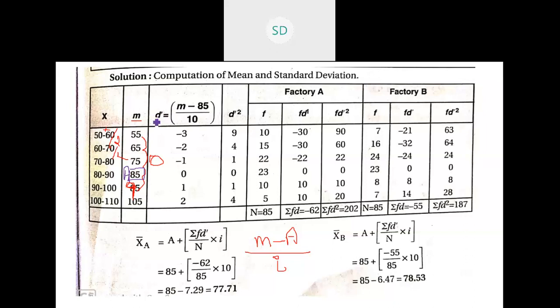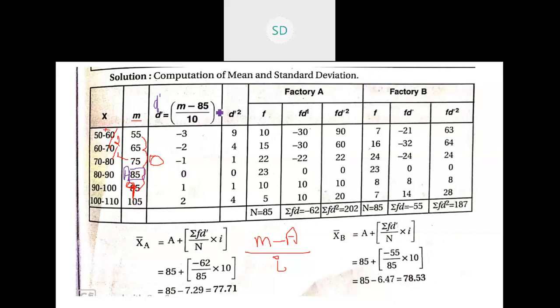Now deviations in continuous, we call them as d dash. You have a small apostrophe kind of notation here, so that is called d dash. So m is 55. 55 minus 85 divided by 10. 10 is the common value between all the three.